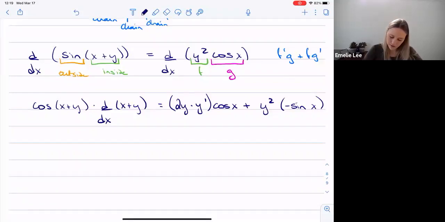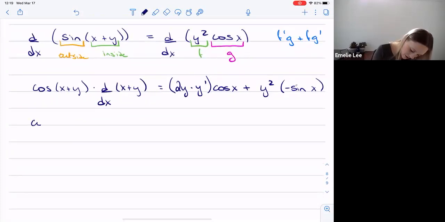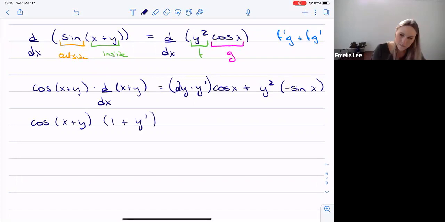So now the only thing I need to find the derivative of is d/dx of x plus y. So I'm going to write out everything else just as it is: cos(x + y) times 1 plus y prime, right?